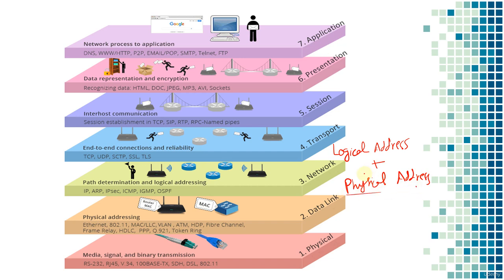Without physical address, logical address will not work, and without logical address, the physical address will not work. And we know that logical address is IP and physical address is MAC. So they both go hand in hand to communicate with any device on the network. And why? We will talk about later.